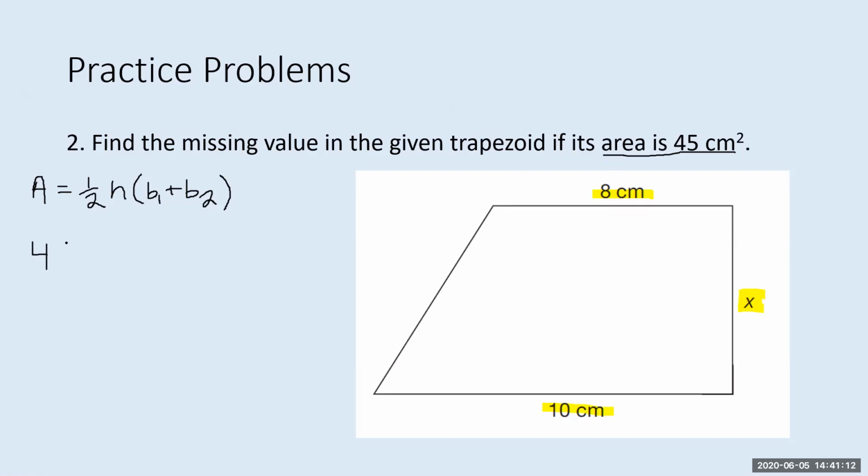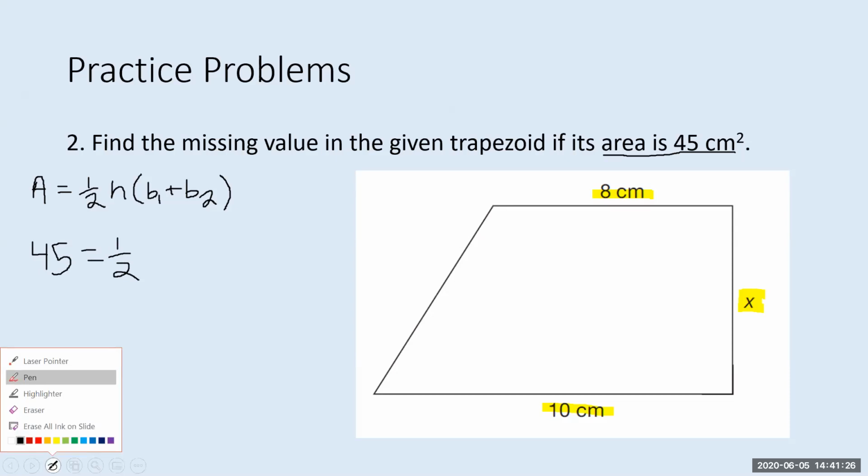So I know what it is. Half stays the same. And then what about the height? Do I know what the height is? Well, actually, I don't. The height is the missing piece of information, right?